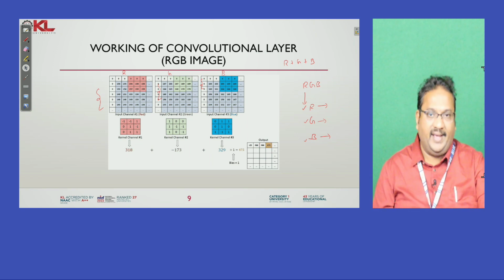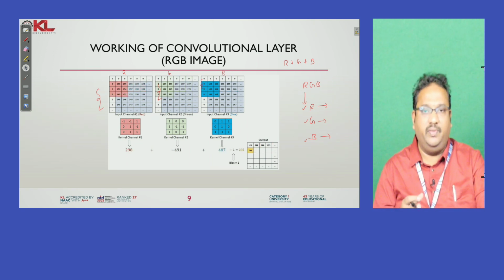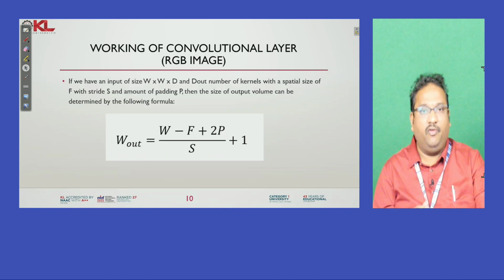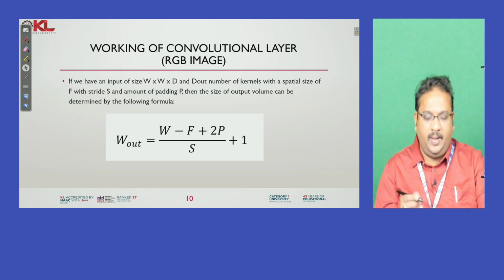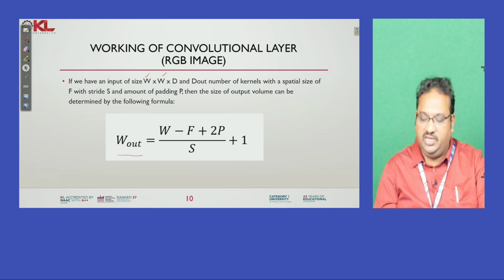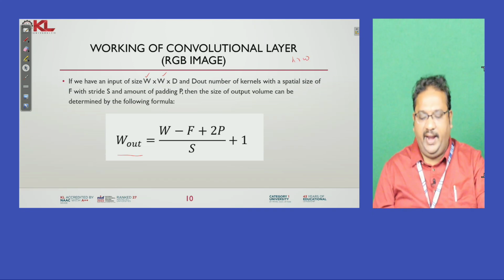You may get a doubt about how the features will be reduced, because based upon the filter size, the features will be reduced. So the formula for the working of the convolution layer, and the output of the convolution layer, is given by W out, which is the output of the respective dimension. Here W and W are the dimensions of height and width, and D is called the depth, which can be either 1 or 3.